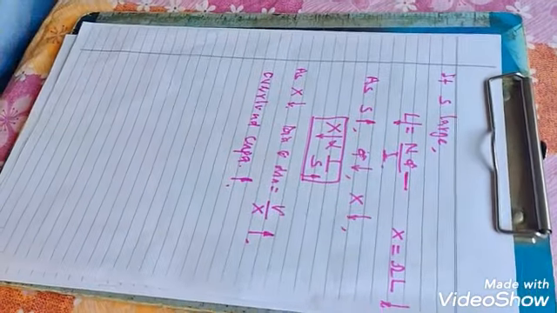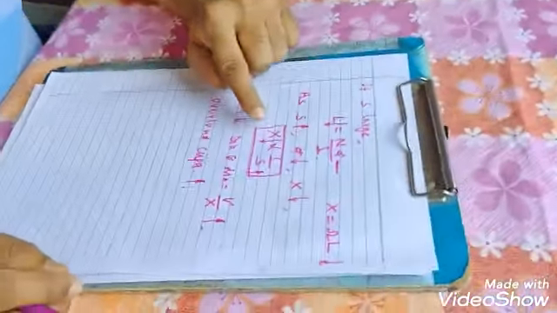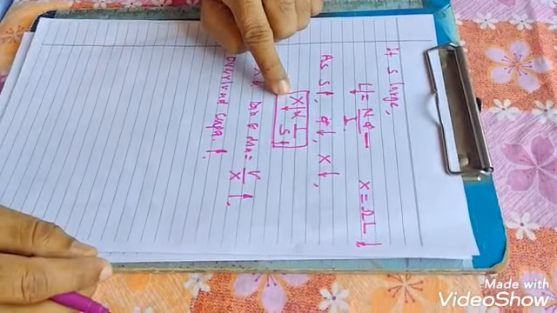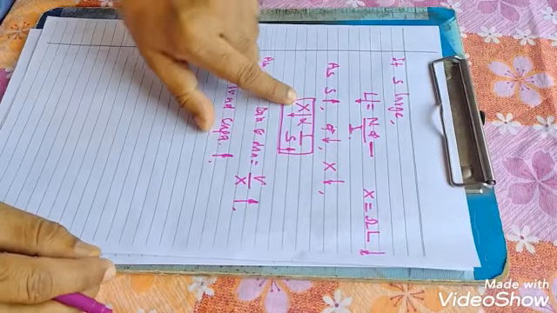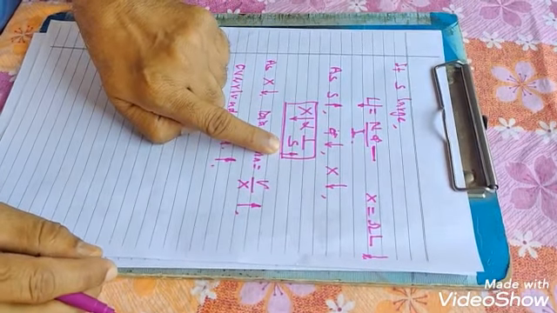So what is the conclusion? As the number of slots increases, leakage flux decreases, leakage inductance decreases, leakage reactance decreases. Leakage reactance is inversely proportional to the slots.